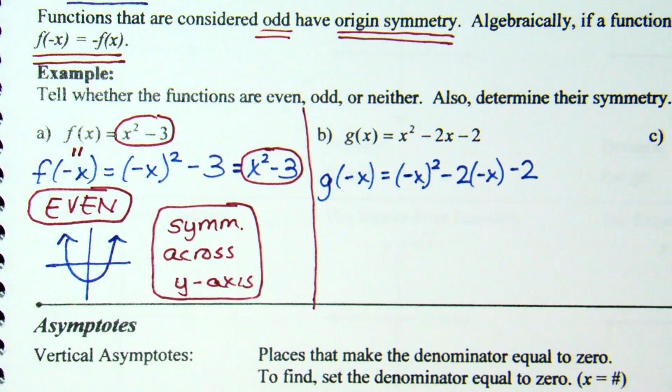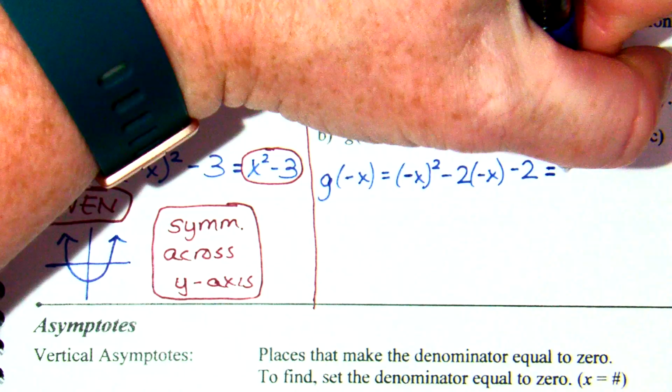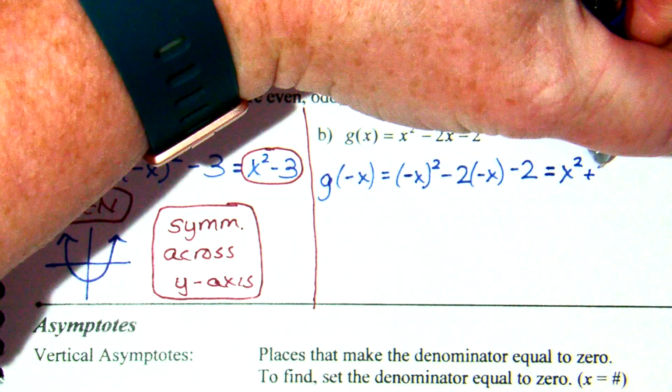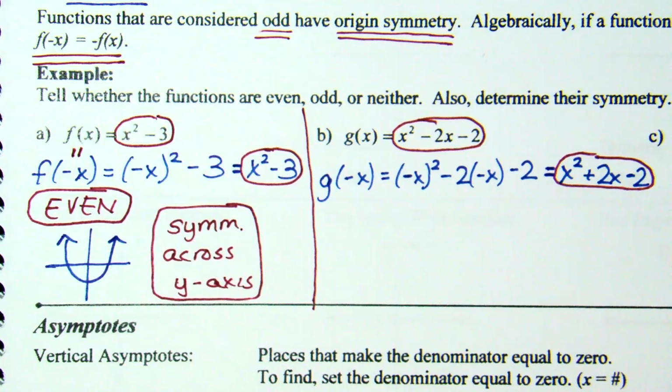When I clean this up, what happens when you have negative x and you square it? Positive x squared. What's minus x times negative x? Or minus 2 times negative x? Plus 2x, and then minus 2. It's not equal. Okay, so this right here, do g of x and g of negative x equal each other?